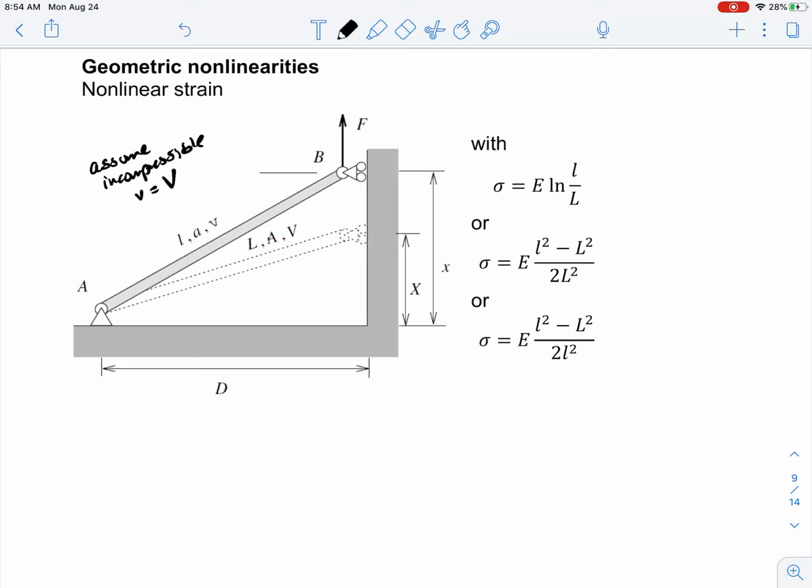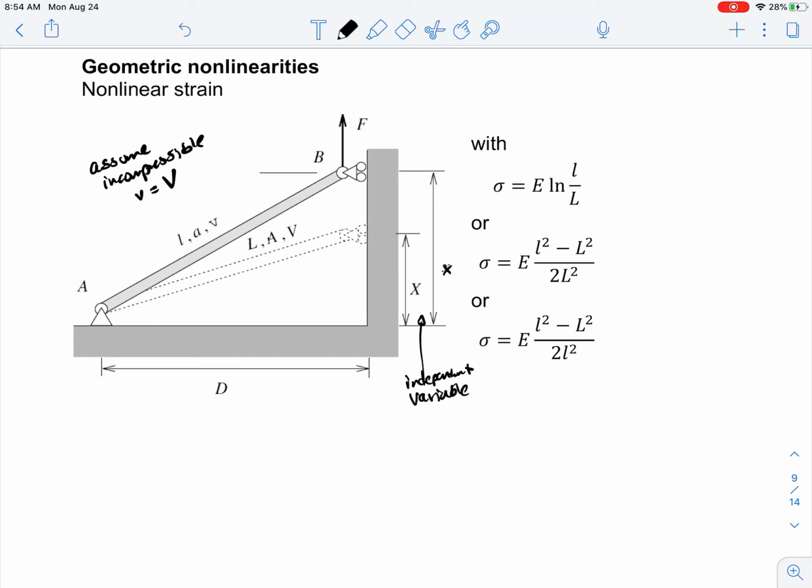And then how do we parameterize this? We can parameterize this with this coordinate x. So this is a one-dimensional problem, so there's just a single coordinate. So let's treat this as the independent variable.